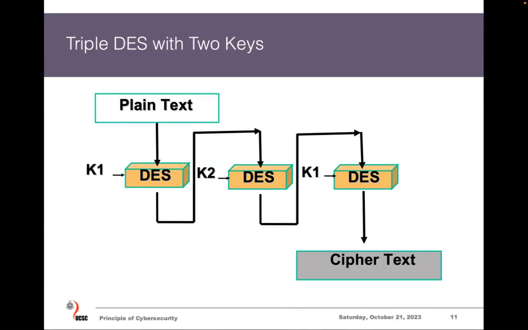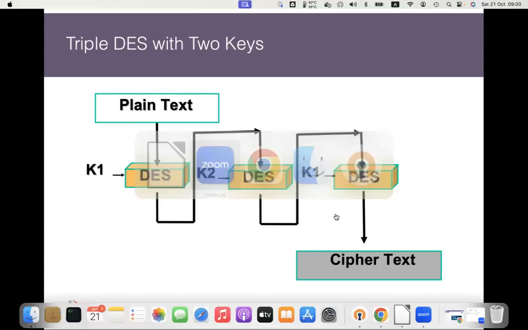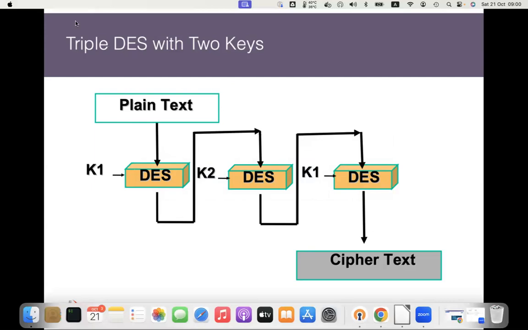Right. So some people will apply triple DES with two different keys. Because of those reasons, some people are not using three different keys. Instead, they might use two different keys in triple DES. So if they use two different keys, how do they do it?